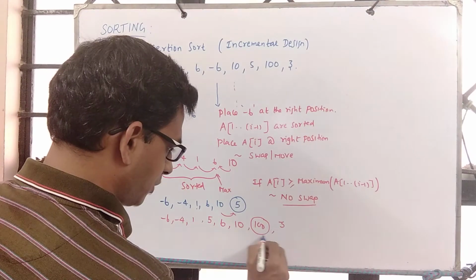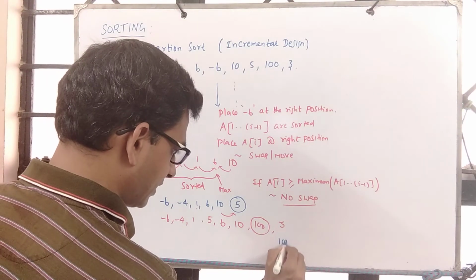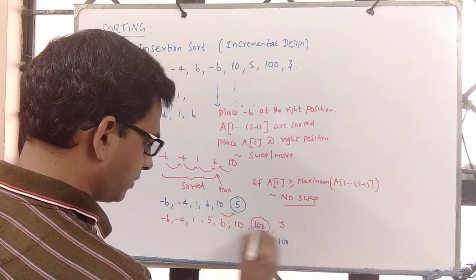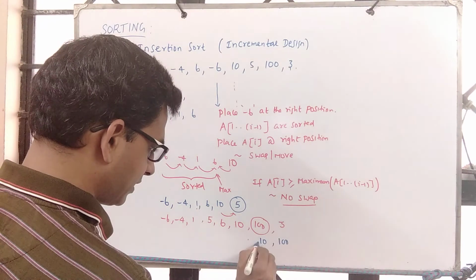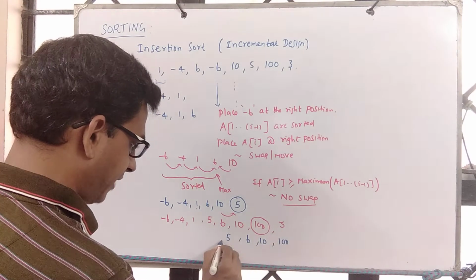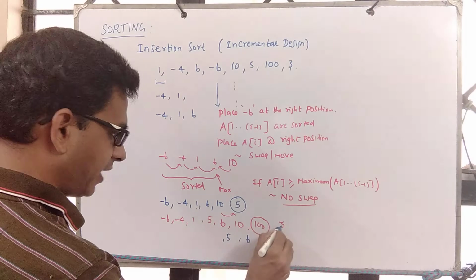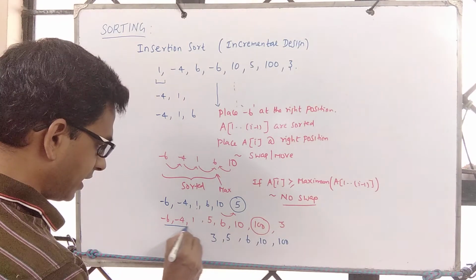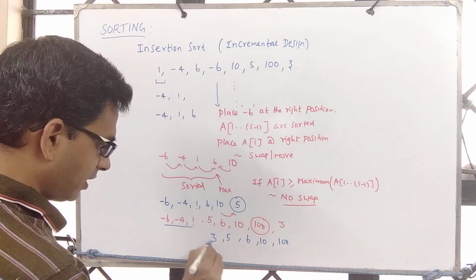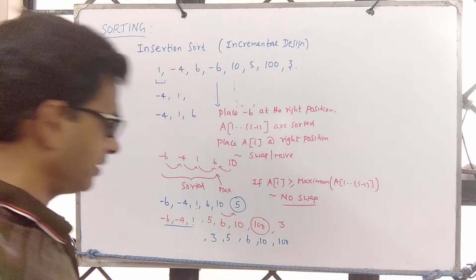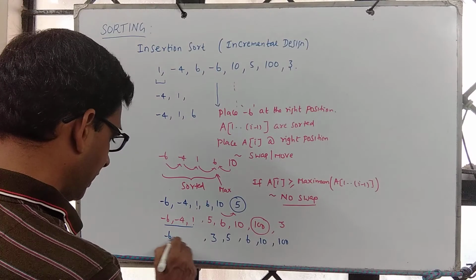Now 3 is small, so swap, so I place 100 over here, then 10 over here, 10 and 3 you see 10 is max. Then you place 6, then you place 5. Now in place of 5 you place 3. The reason is when you compare this max and 3 is at least this max, so you can stop the algorithm and place 3 at that place.